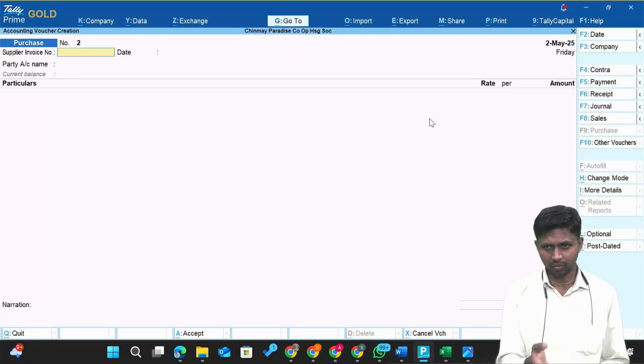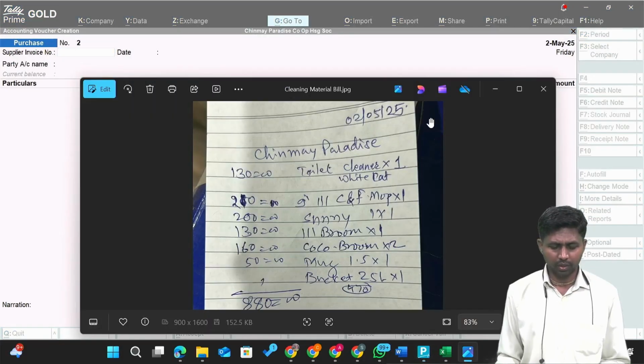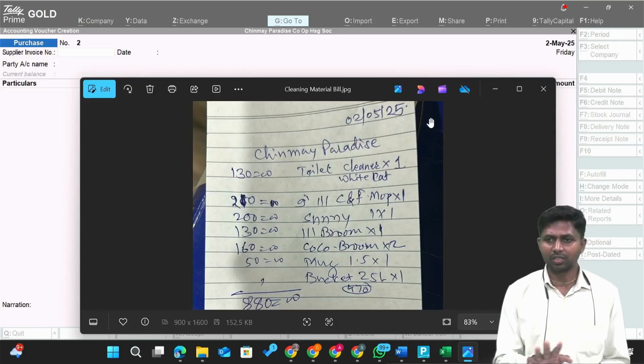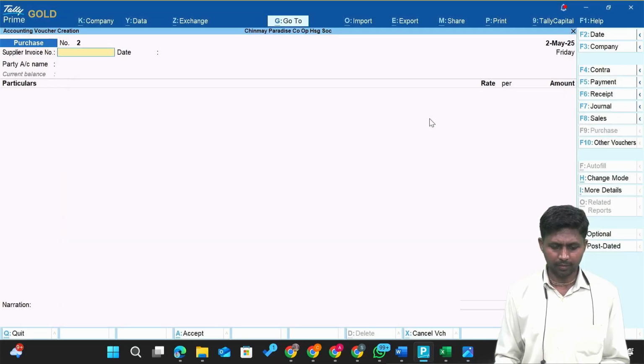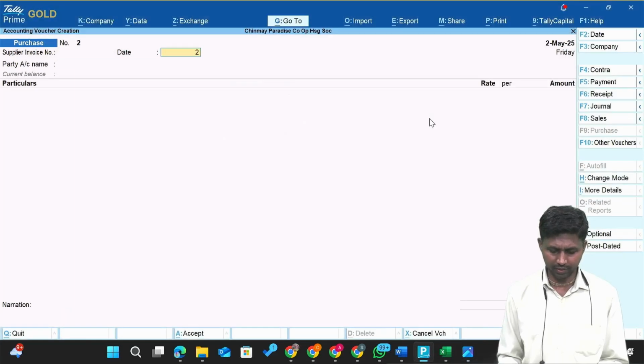This is blank bill. Here you can obviously pass new bill. Invoice number, we don't have invoice number. This entry directly you can pass in the payment voucher type, but instead of passing in the payment voucher type, prefer purchase voucher type because we have purchased it. A purchase is more appropriate than payment. Correct. Now here the invoice number we don't have. Date of invoice, yes we have it, 2nd May, same as the voucher date.